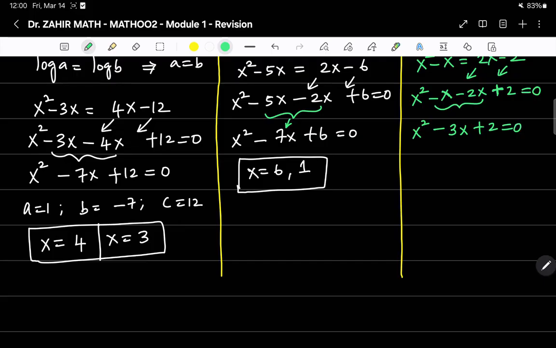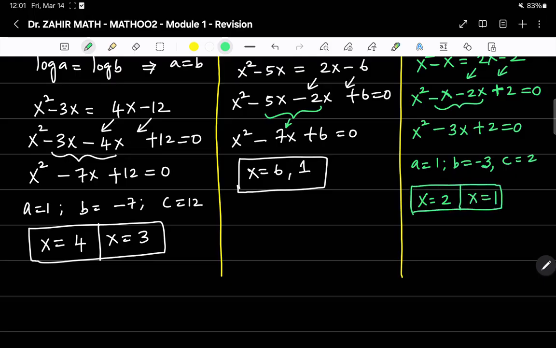Which is x² − 3x + 2 = 0. Go to the calculator: A is 1, B is −3 and C is 2. The answers are 2 and 1, so x = 2 and x = 1.